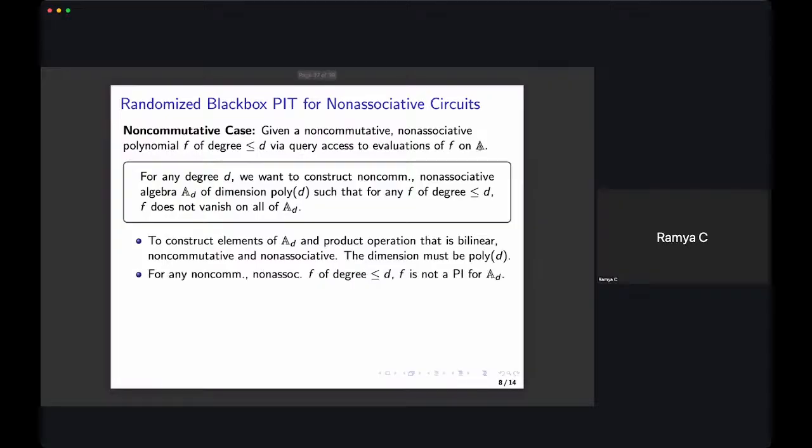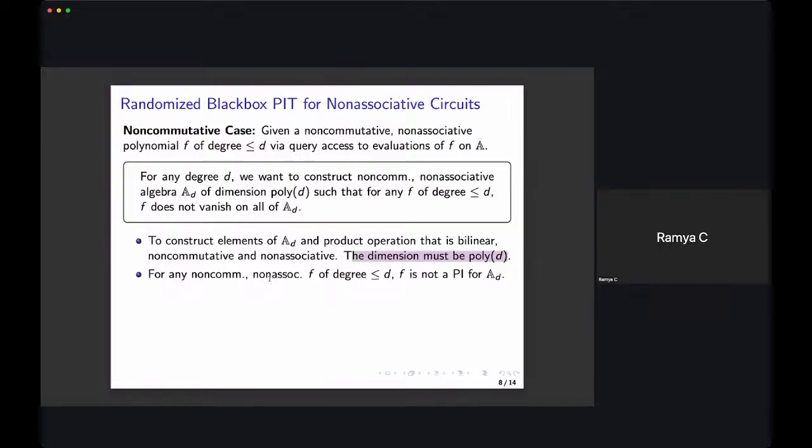You need to ensure that the dimension of this algebra is not too large. It needs to be polynomial in D for every choice of D. And then there's this other stringent requirement that says that you take any non-commutative, non-associative polynomial of degree at most D. This polynomial should not be an identity for this algebra. I mean, no non-associative, non-commutative polynomial of degree at most D should be an identity for this algebra.